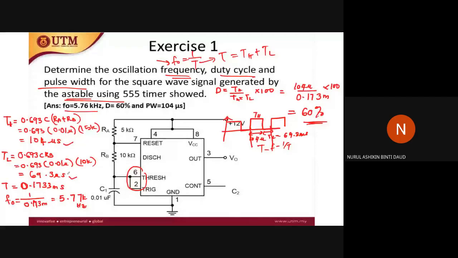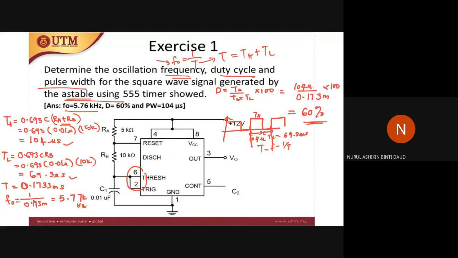Because the value of TH involves two resistors, RA and RB together, while for TL, at the lower point, it only involves the RB resistor. So that is why the value of TH is always longer compared to the value of TL, which is always shorter.